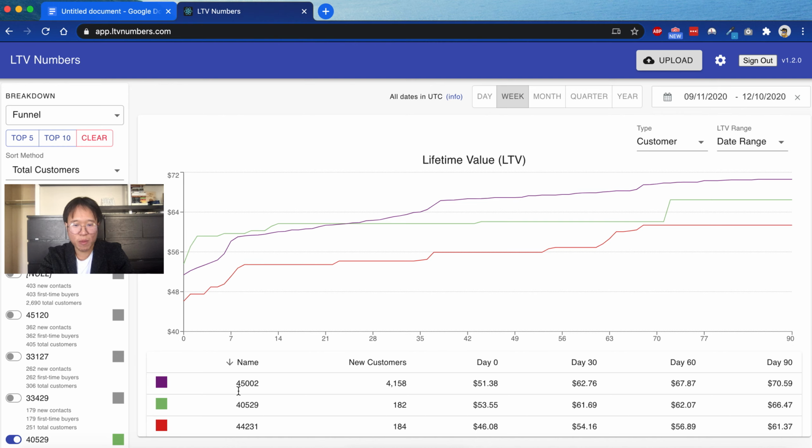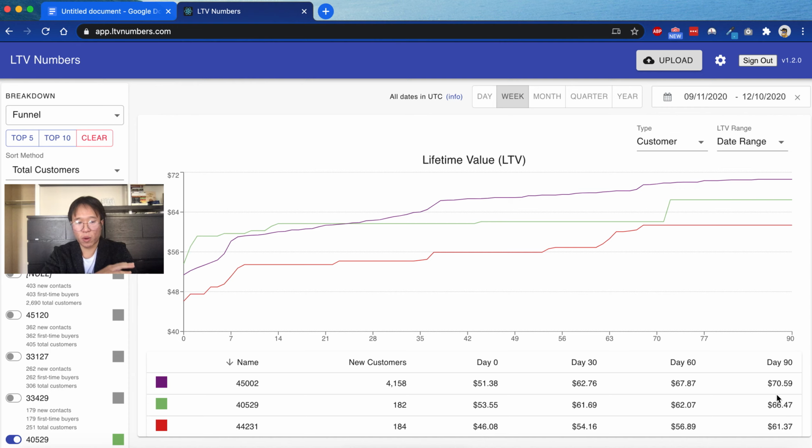Down here we have the name of the funnel, purple, green, and red, 45002, 40529, 44231. Number of customers, which is very important. We have to take this into account as well when we're looking at LTV. And LTV at day 0, day 30, day 60, and day 90.